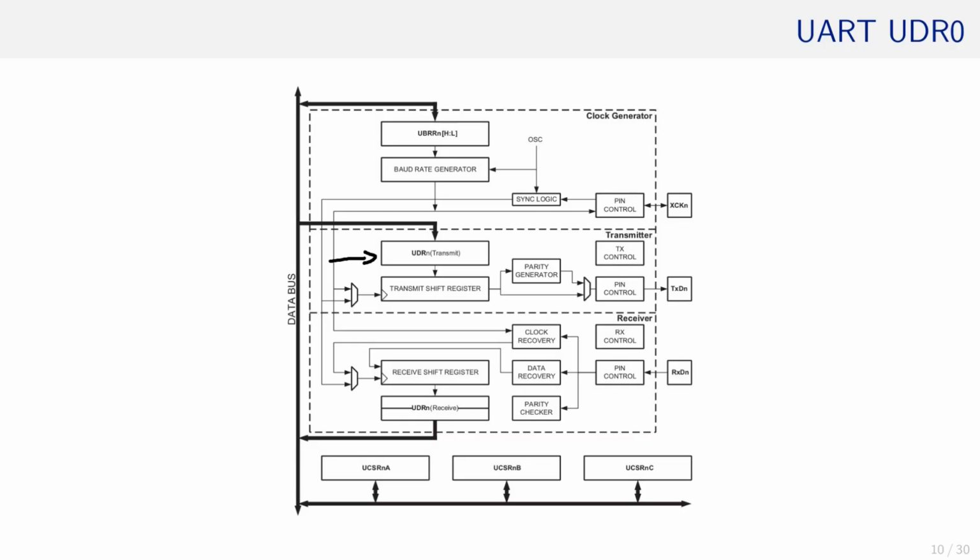This is the UDR0 for TX and this is the UDR0 for RX. The TX and RX module are separate entities, and in the UART chapter we even discussed that you do not have to activate both of them at the same time if you do not want to.